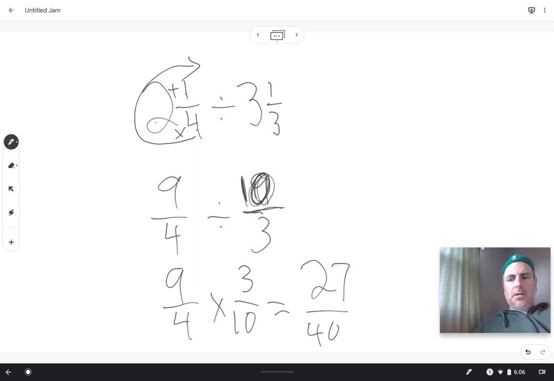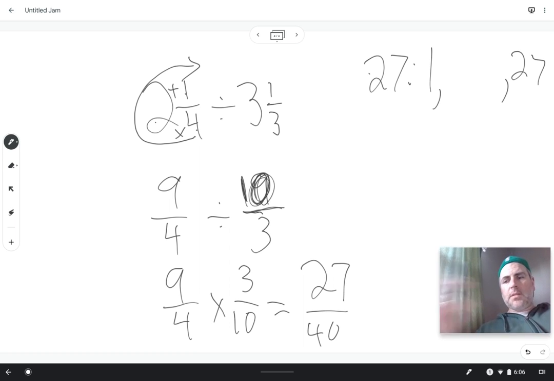Do they share any common factors? What are the factors of 27? 1 and 27. Let's go through the prime factors. It's not going to be 2, right? Because 2 would have to be evens. 3 times 9. Obviously not 4. 5. 7, no. And then 9.